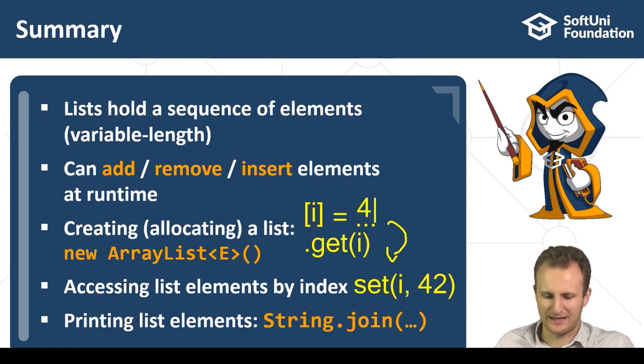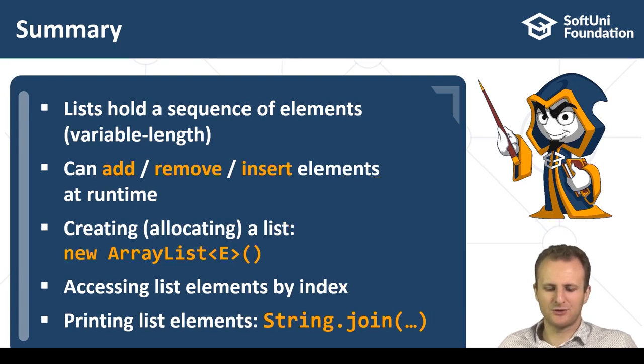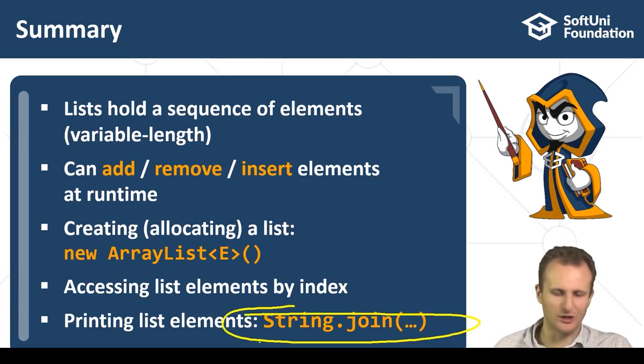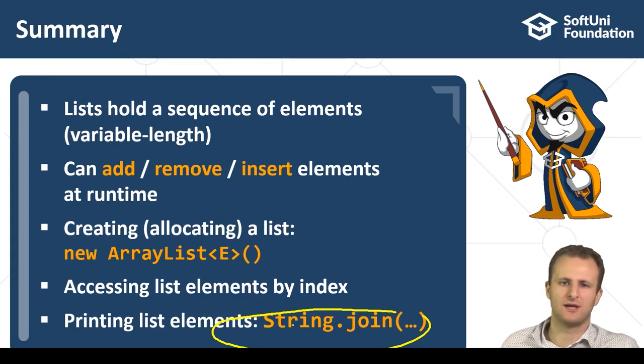If this was assigned 42, well, this code matches this code for lists. Okay, and you can join string lists into a string sequence by using String.join. You can't do this for numeric lists in Java, but there are ways to implement methods which can do it for any type of list. We will study them further on.